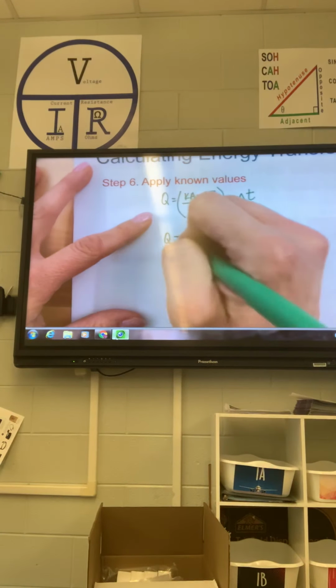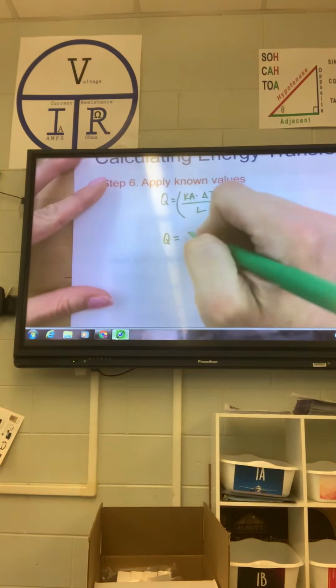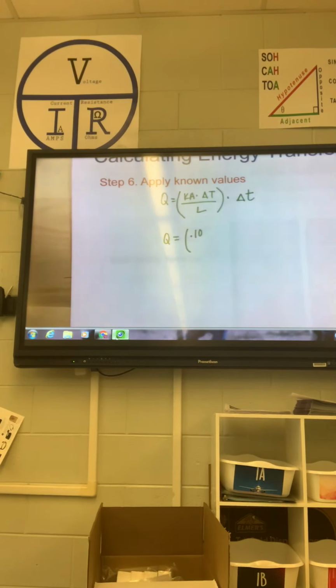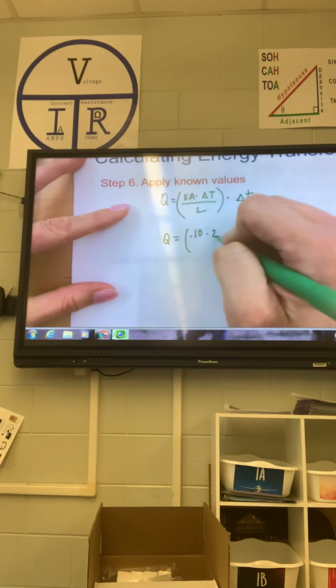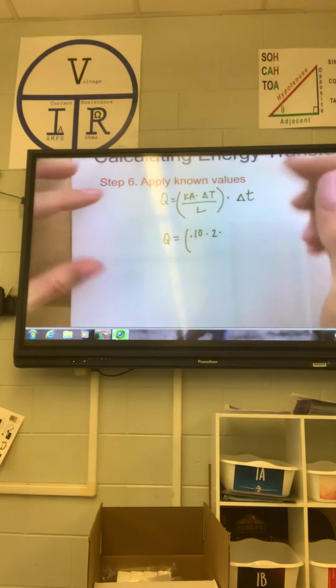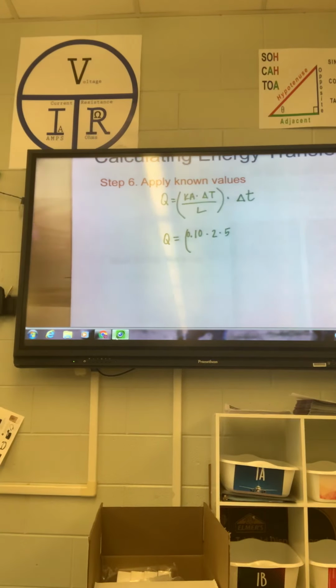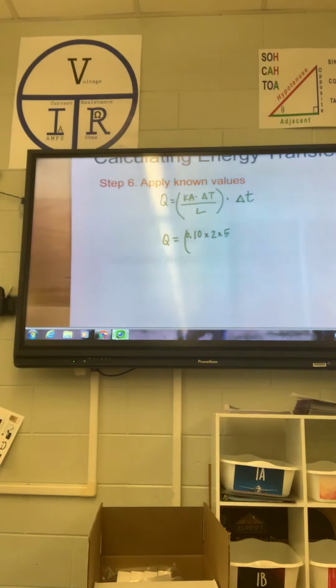All right, so Q equals, what was K? What did K stand for? Thermal conductivity, and what was it? 0.10. Again, I'm going to drop my units, so it's 0.1. And what was my area? 2. And change in temperature? 5.